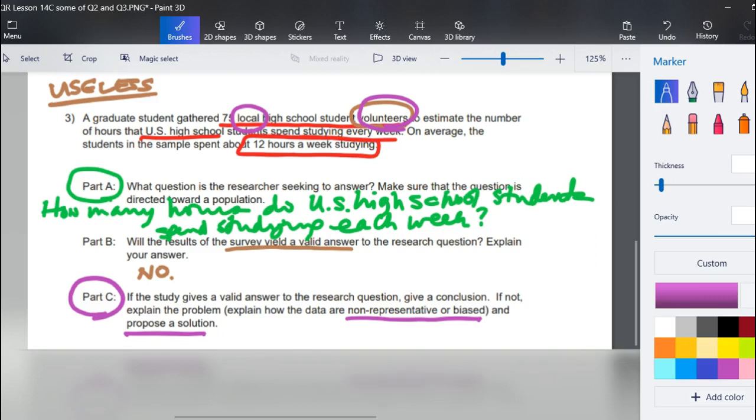Volunteers, local, is that representative of the United States? The data contain selection bias. The graduate student needs to select a representative sample from high schools all over the United States. A random or a stratified sampling process would be useful.